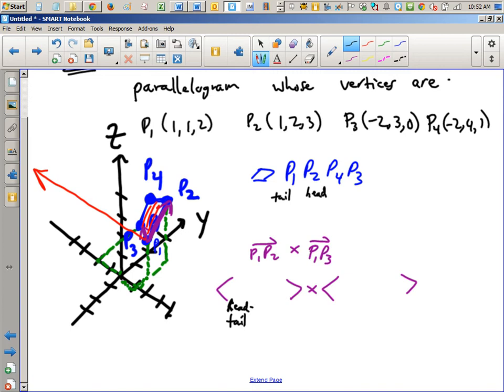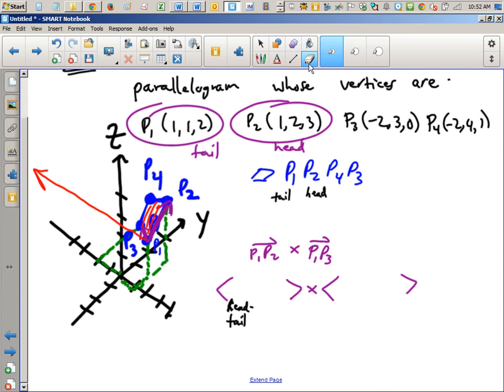Okay. So let's look at P1 and P2. This is the head. This is the tail. So we're going to do head minus tail 3 times. Head minus tail gives me 0, 1, and 1. Let's do the same thing with P1 and P3.